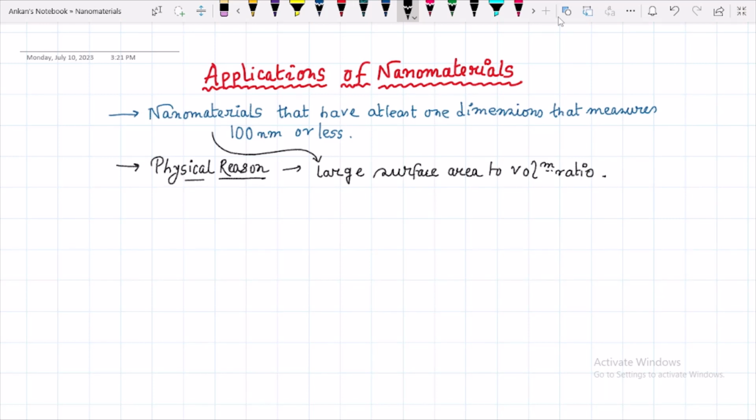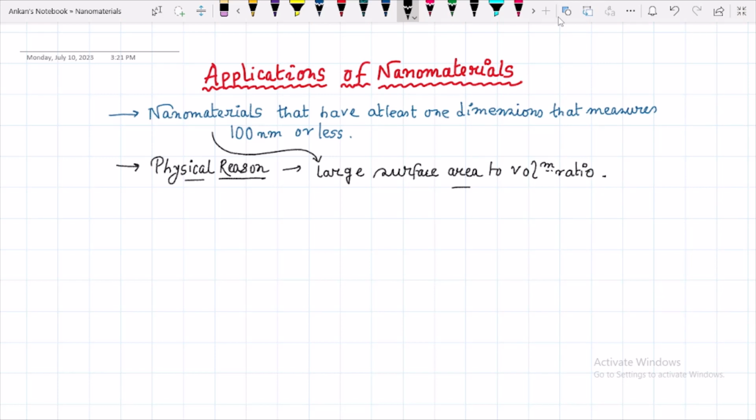This causes the nanoparticles to be more reactive to other molecules and increases their inherent characteristics. Now let me make you understand how this feature is of great importance.